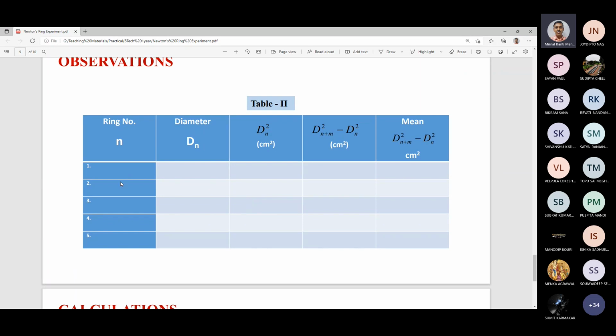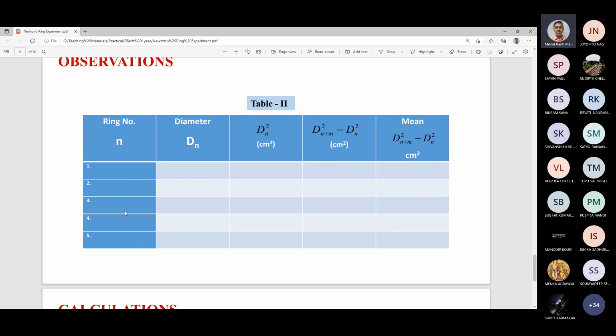Now here n is the ring number, 2, 3, 4, 5, and you calculate dn, then dn square, and dn plus m square. Suppose you take m equal to 3 or 4, right? If it is 3, then you started from 2, so 2 plus 3 is 5.